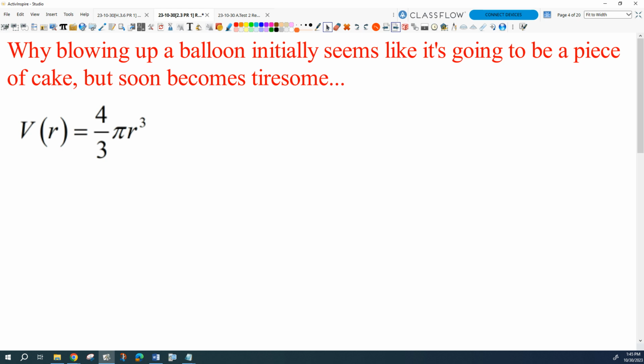We're going to want to take a derivative, and we have a couple options. The way it's written right now, I could differentiate this pretty easily and get dV/dr equals what? So V is our output variable, r is our input variable. What's the derivative of 4/3 pi r cubed?